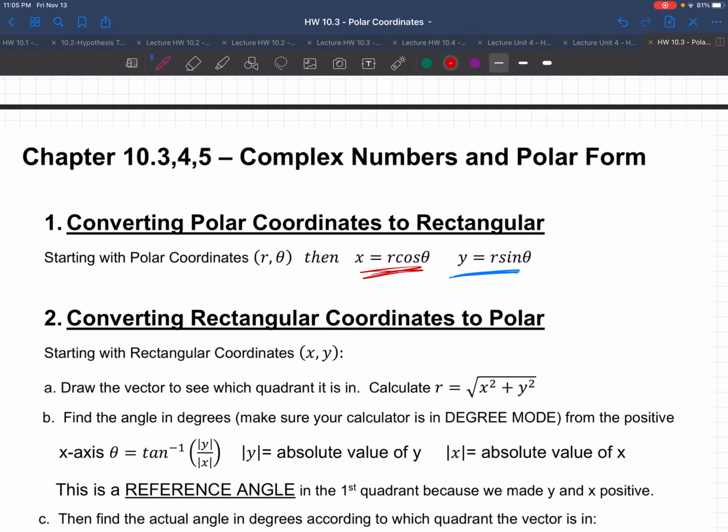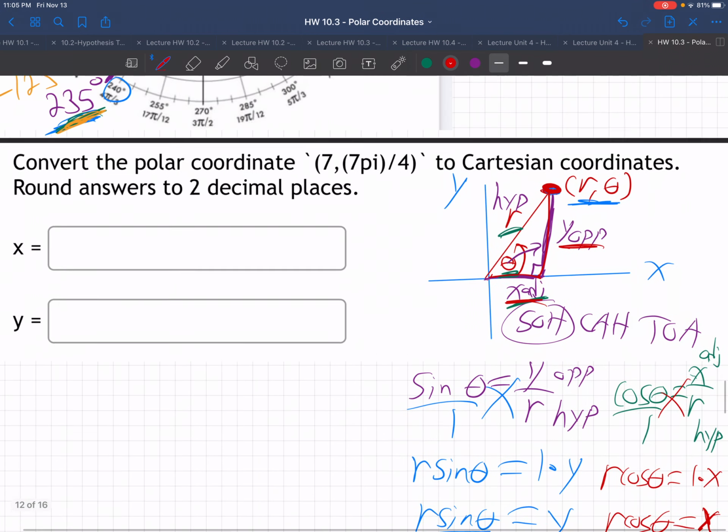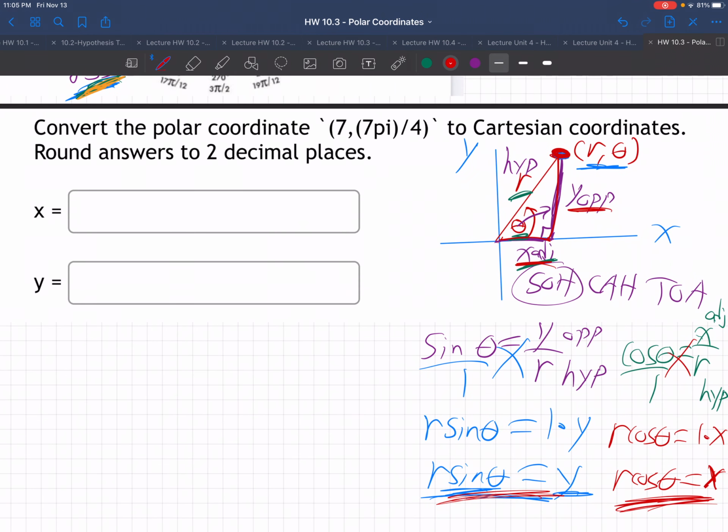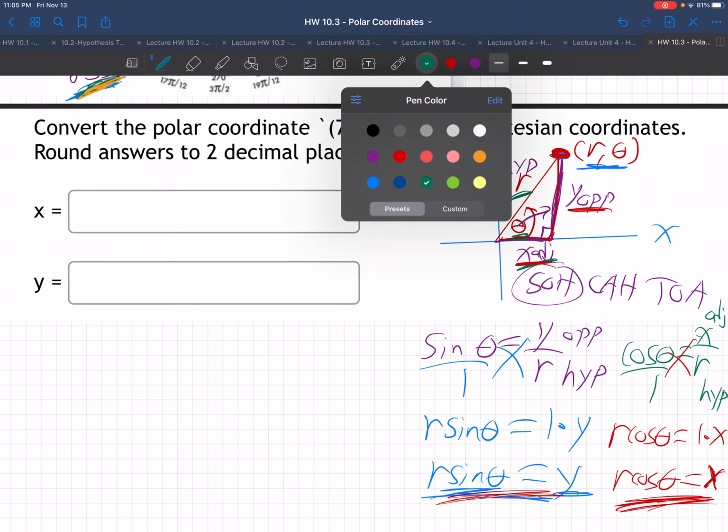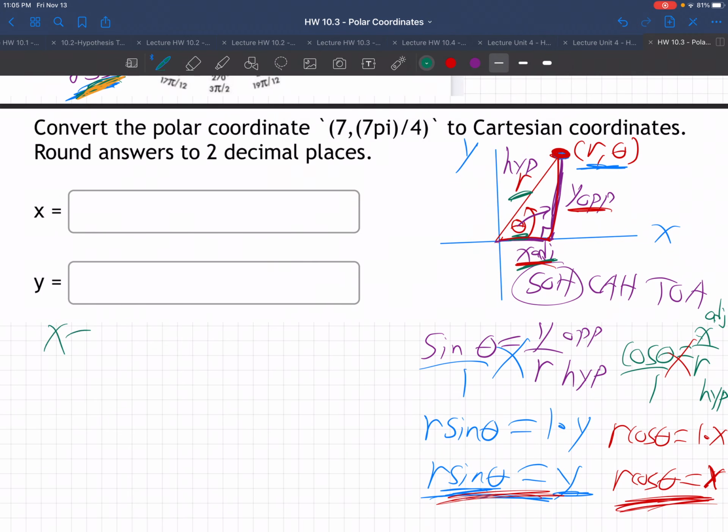That's all we're doing with those two formulas, converting from r theta to x and y. So let's do it then. I just recreated the wheel there. You don't need to do that every time. Let's just solve the problem now.